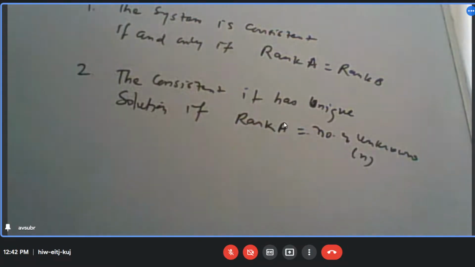Okay, the system is consistent if and only if rank of A is equal to rank of B. Second thing, if the system is consistent, that is rank of A is equal to rank of B, then in that case it will have a unique solution only if rank of A is equal to number of unknowns. So number of unknowns should be equal to rank of A. If it is not, it will not have a unique solution. I hope it is clear.